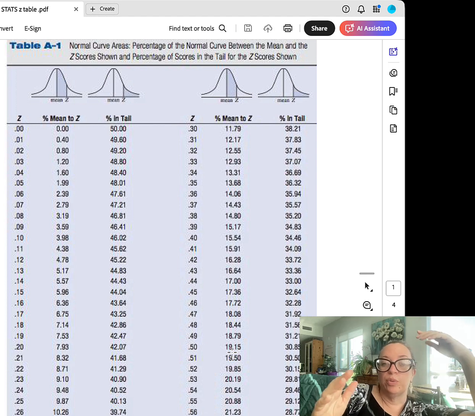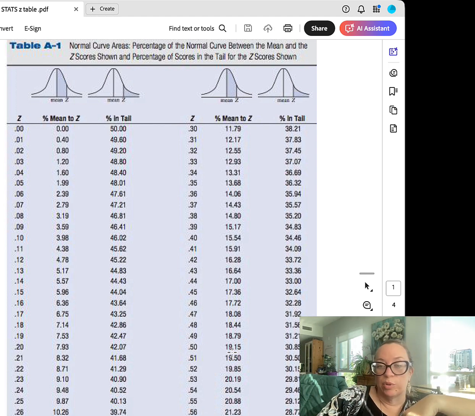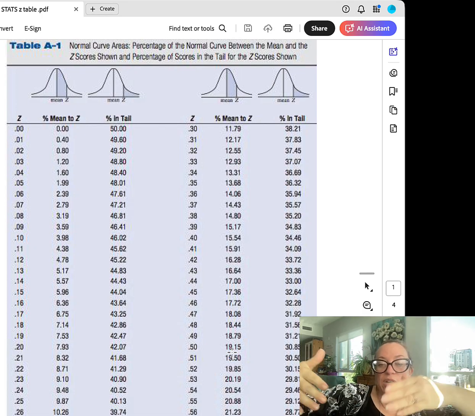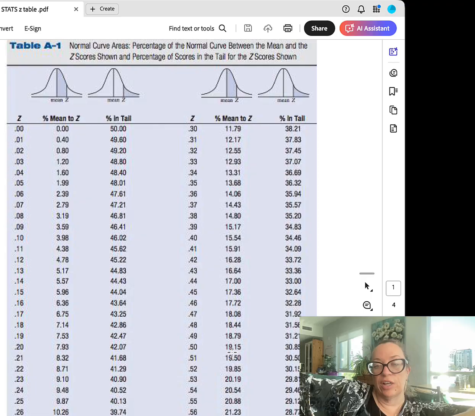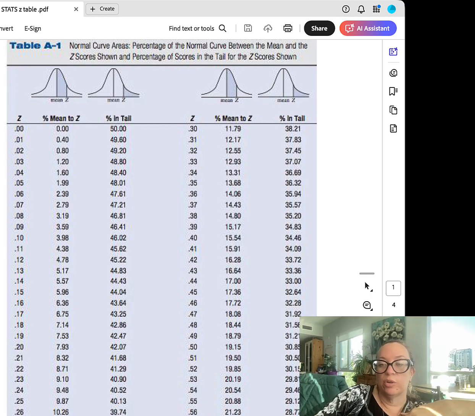So the proportion between them would just be 43.32 minus the 19.15. That's 24.17%. Okay, because the percent mean to z values are cumulative within the upper half, right? Everything from 0 to 0.5 is 19.15%, and everything from 0 to 1.5 is 43.32%. So the difference is what falls between 0.5 and 1.5.